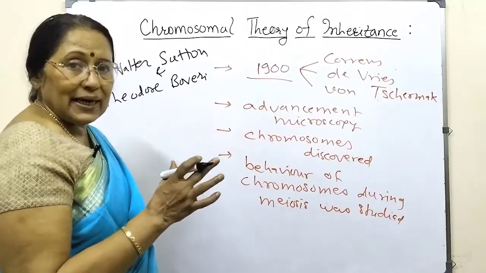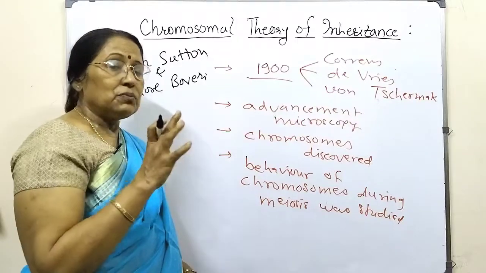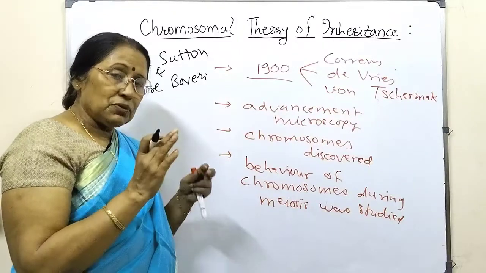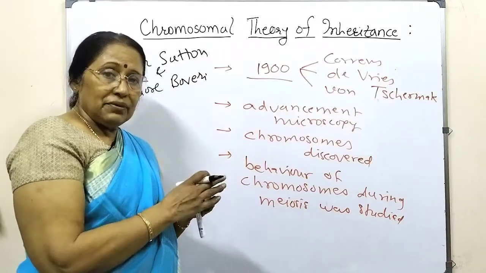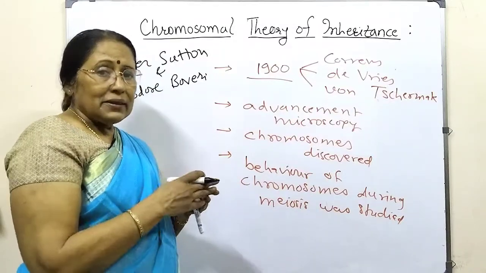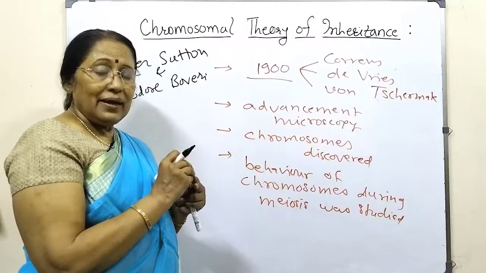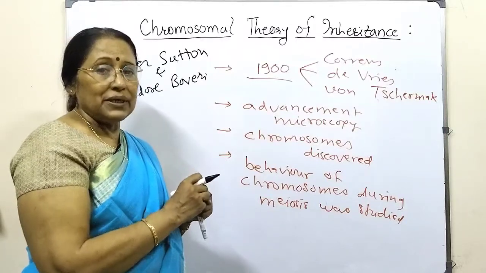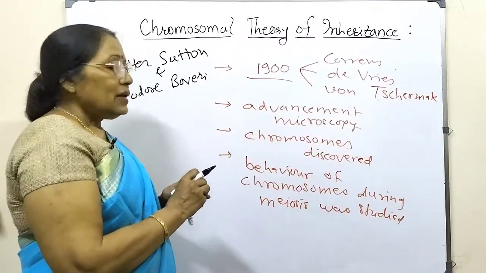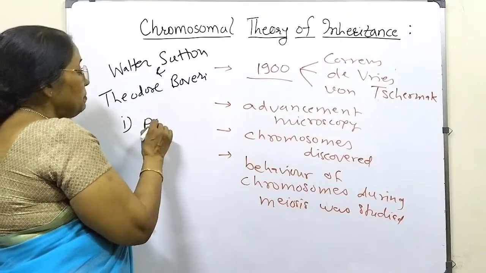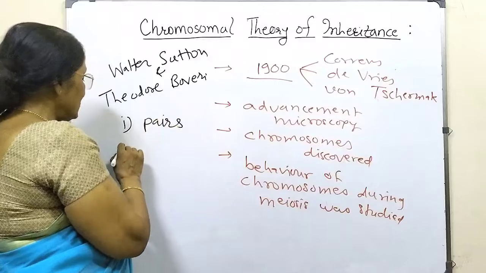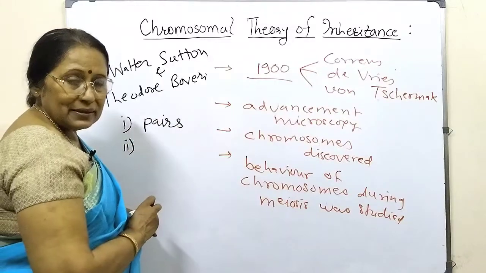They found that the way the chromosomes behave, duplicating before the cell division and then dividing again, is the same way as Mendel had said about his factors. Like the factors, the chromosomes are also in pairs.